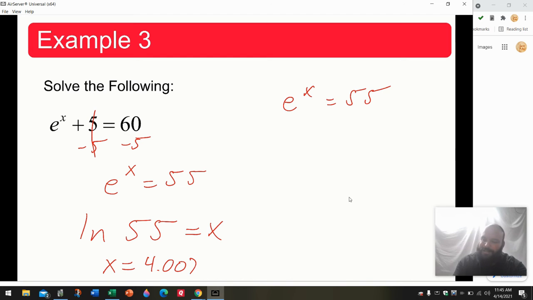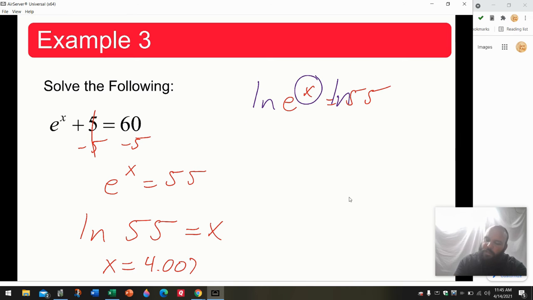And since the base of the exponent is e, we are going to use log base e. Remember, log base e is actually natural log. So I will write in natural log on this side and then natural log on this side. Now, what you will see on the left-hand side is that we end up with natural log of e to the x.